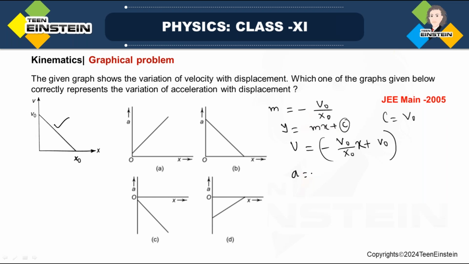Now we know a is equal to v dv dx. This we know. So how we are going to use this? Let us see. A is equal to dv dt, so from there I am writing this.